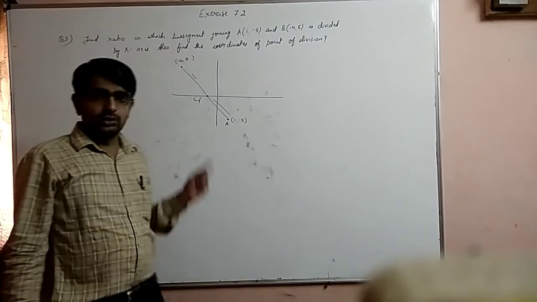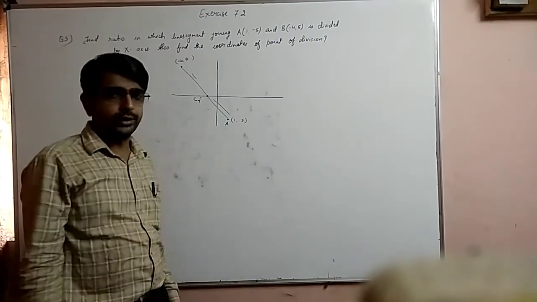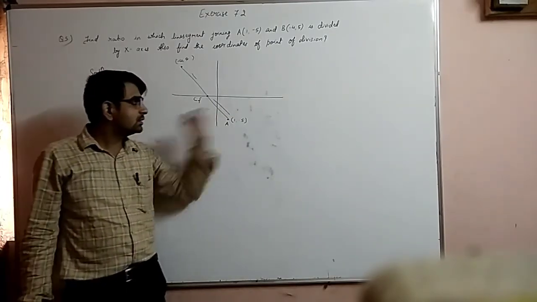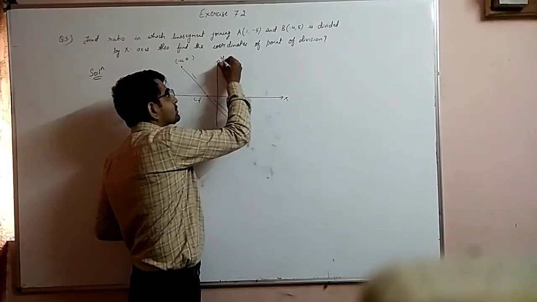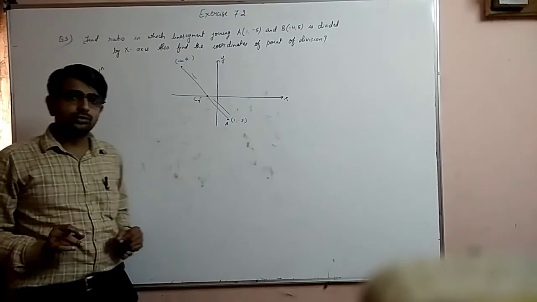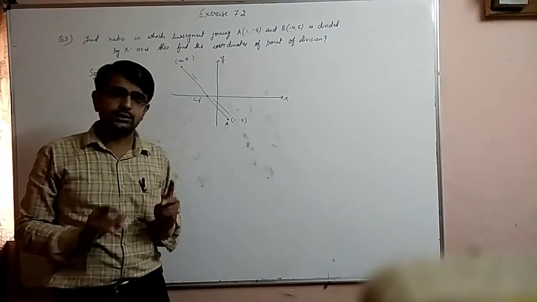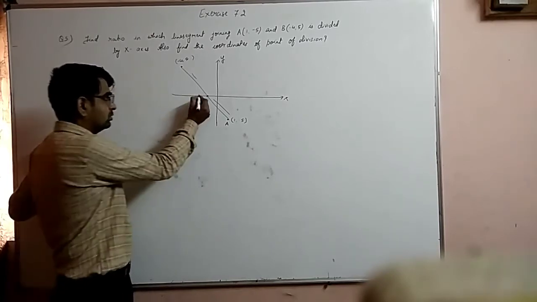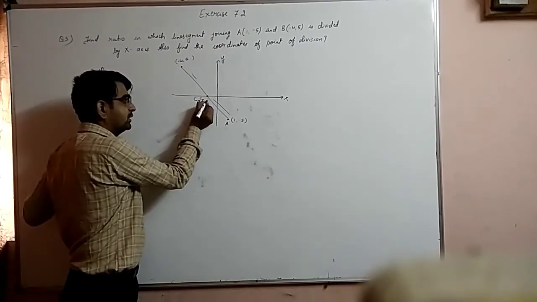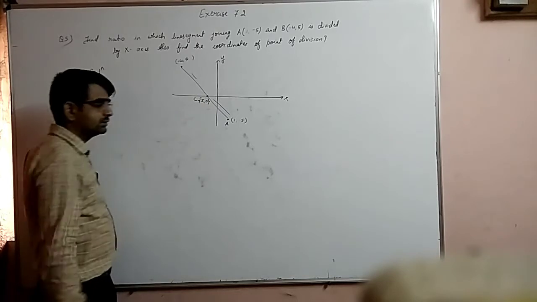Now see, when we talk about the coordinates, since this is the x-axis, and we know that on the x-axis the y coordinate is always 0. So let the coordinates be (x, 0).